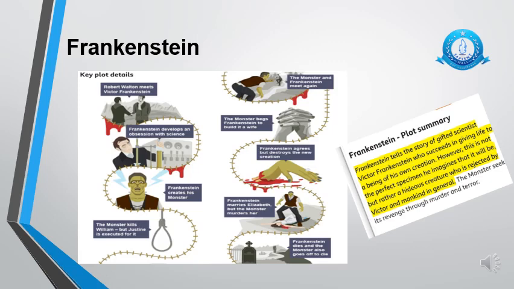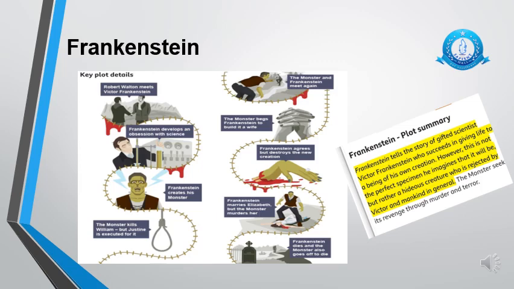Frankenstein tells the story of a gifted scientist whose name is Victor Frankenstein, who succeeds in giving life to a being of his own creation. It means he created a living being by himself. However, this is not the perfect specimen he imagined it would be, but rather a hideous creature who is rejected by Victor and mankind in general, because whatsoever he created was not according to his expectations, and then he hated him and rejected him.